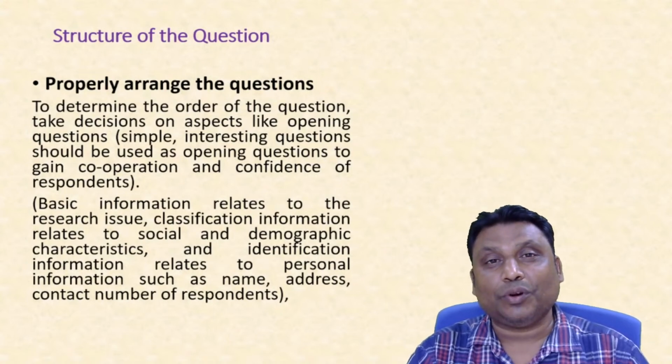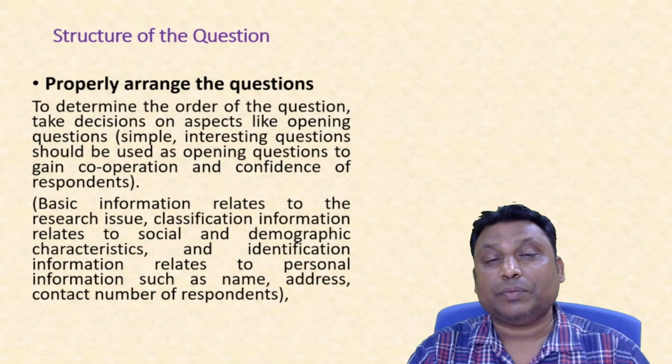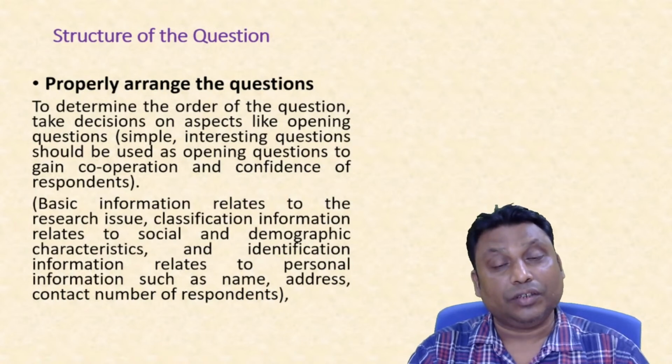This type of order you should not use, because the respondent may face difficulty answering your questions. Sometimes the respondent can easily give the answer, but sometimes they have to read the question and then answer.